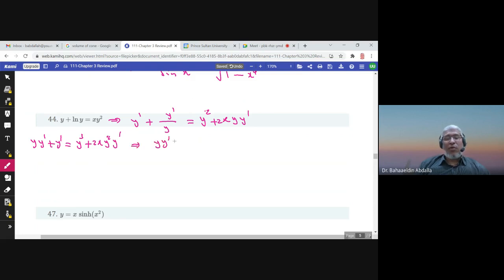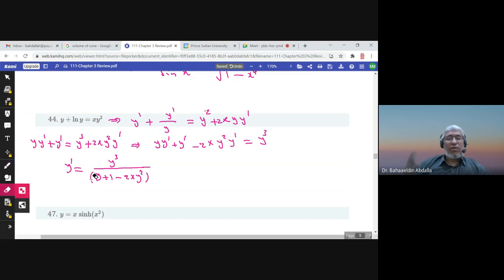And then y prime plus y prime minus 2x y squared y prime equals y cubed. And then you take y prime as a common factor and you divide y cubed by y plus 1 minus 2x y squared. So that's the derivative.